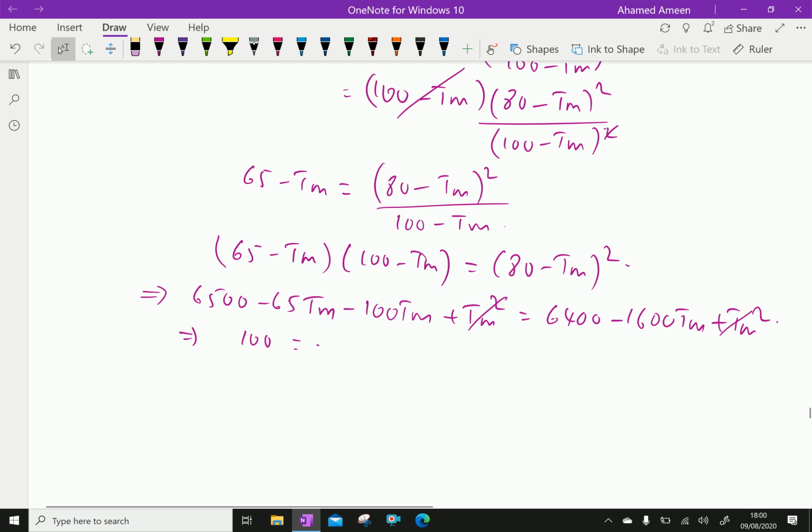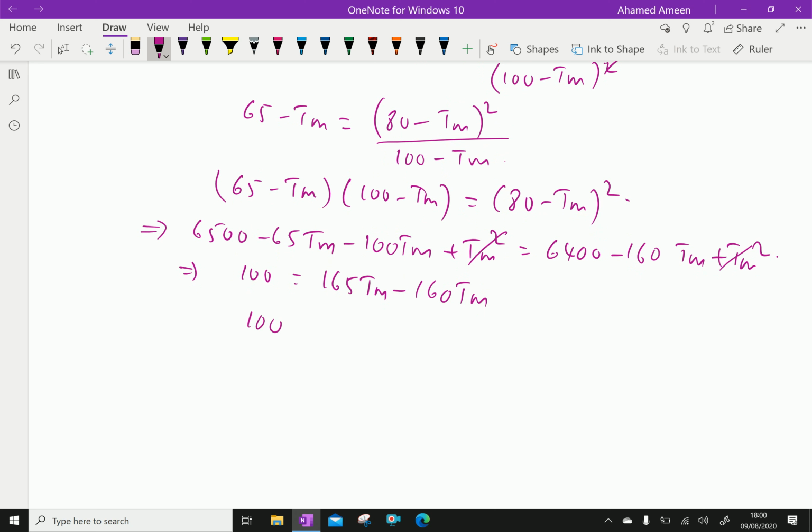So 100 equal 165 Tm minus 160 Tm, that is 100 equal 5 Tm, which gives Tm equal 100 over 5 equal to 20 degrees Celsius.